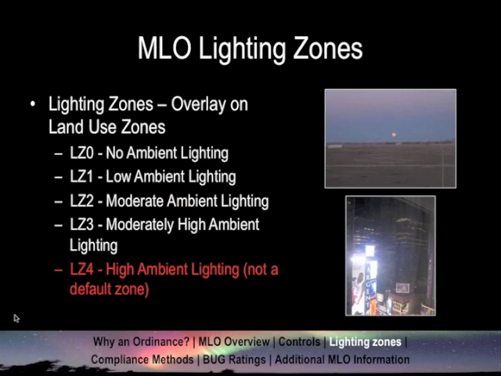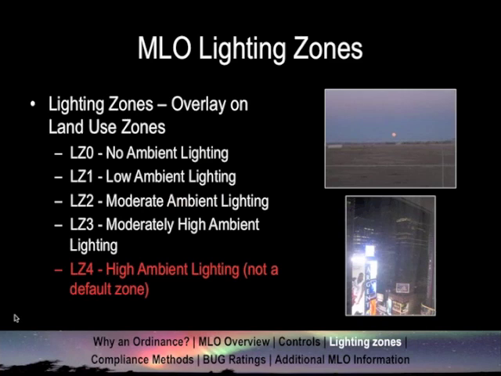You have to actually take your land use zones and overlay lighting zones on top of them. And the lighting zones start at lighting zone 0 and go all the way up to lighting zone 4. Please note that lighting zone 4 is extremely high levels of light and really not a default.